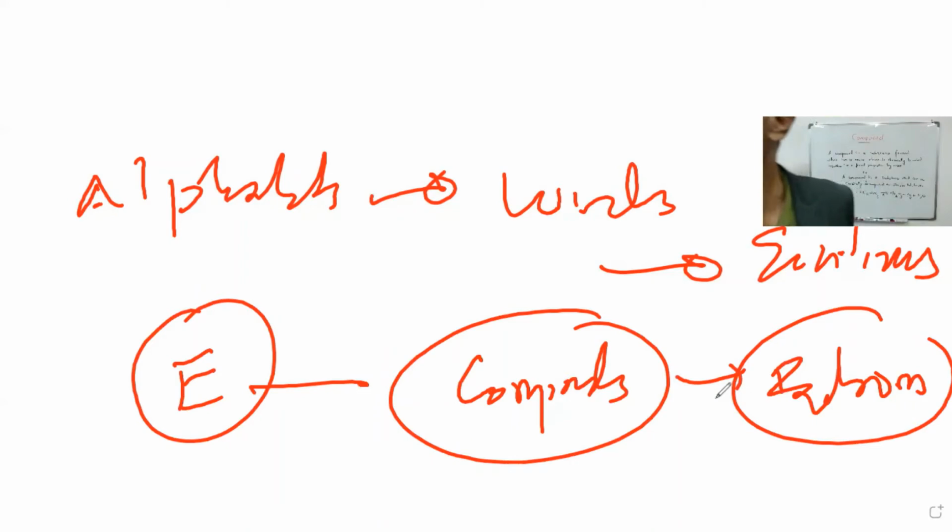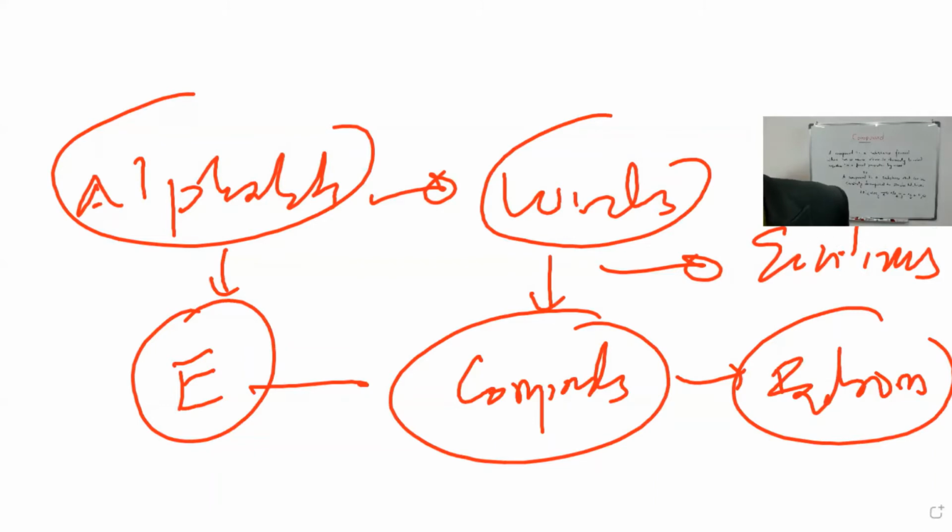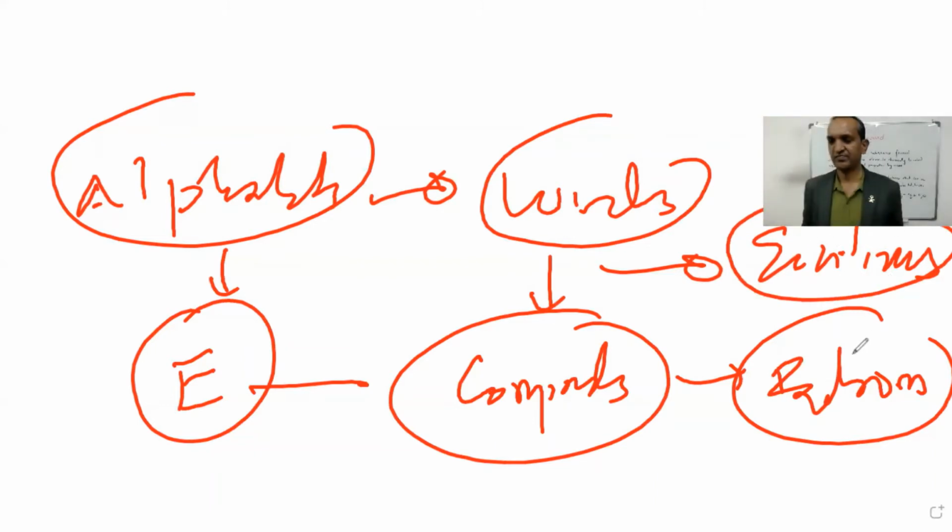So if you imagine elements of chemistry, over 100 elements are in the periodic table, which is quite similar to the alphabets of chemistry. And the words and the compounds have almost similar meaning, and sentences and chemical equations.